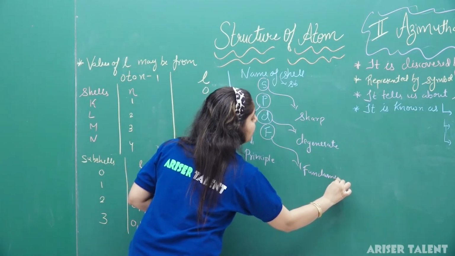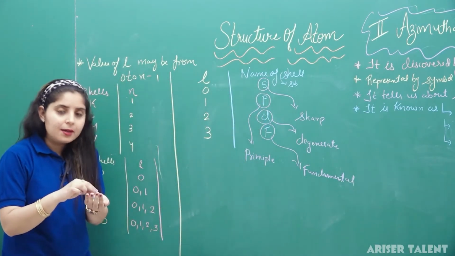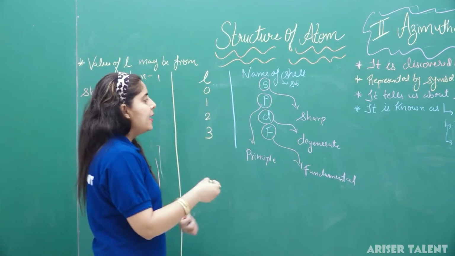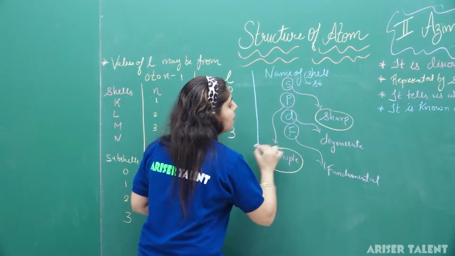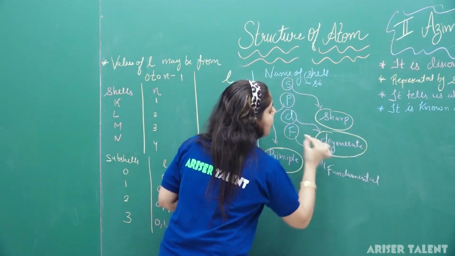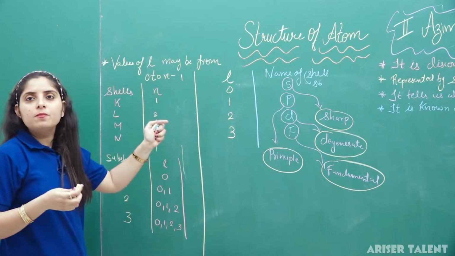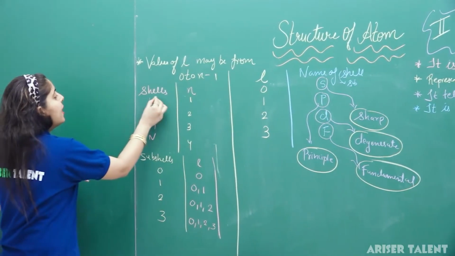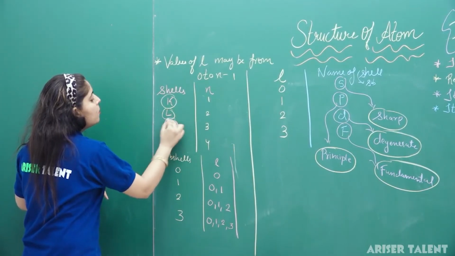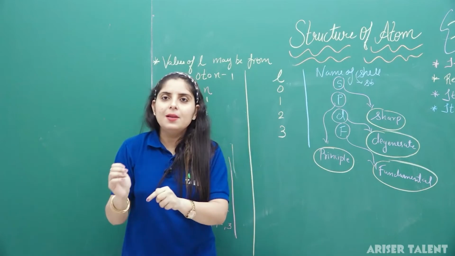So, these are the terms we use for defining the subshells of an atom, that is S, P, D and F. S is for sharp, P is for principal, D is for degenerate and F is for fundamental. So, here are the categories of SPDF, that are subshells, and here are the categories of shells, that is KLMN. I hope it is clear to you what shells and subshells are.